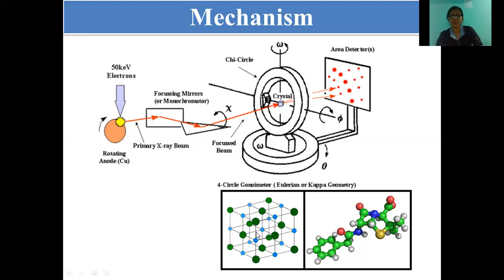But it is imaginarily broken down into small cells, and each is called a cell. In this diagram you can see the total protein crystal, divided into small cells. This is one cell, this is another cell, this is another cell.